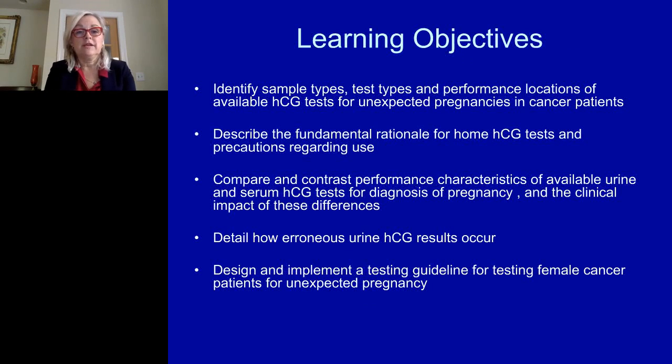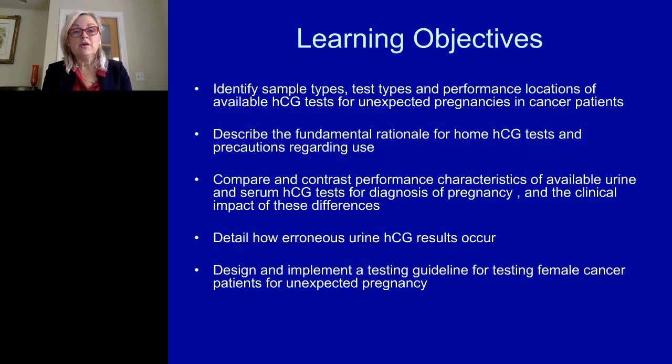So today our learning objectives are the following. We're going to identify sample types, test types, and performance locations of available human chorionic gonadotropin tests for unexpected pregnancies in cancer patients. We'll describe the fundamental rationale for home HCG tests and precautions regarding their use.